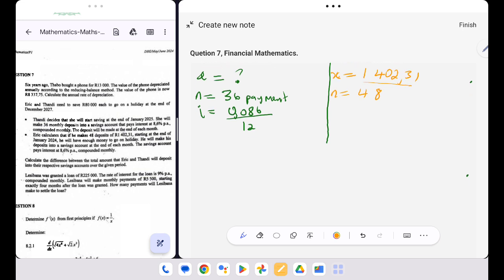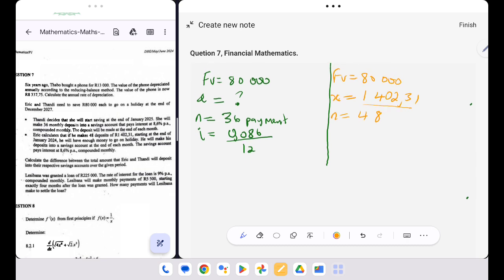Now the question says, calculate the difference between the total that Eric and Tandy will deposit into their respective savings account over the given period.